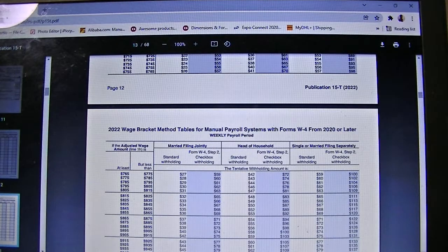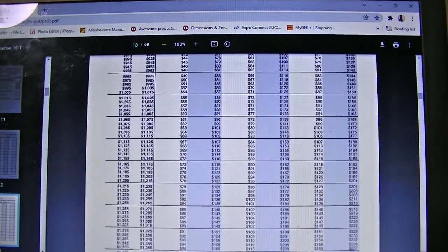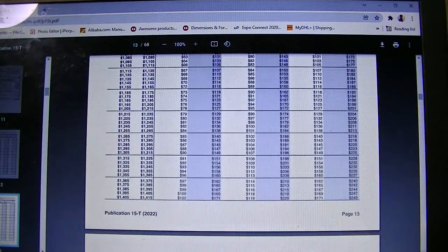But I would suggest advising your employees not to complicate the W-4 form. Then you can just go with the standard withholding, or you go with the step 2 checkbox withholding. So we can explain how this works.